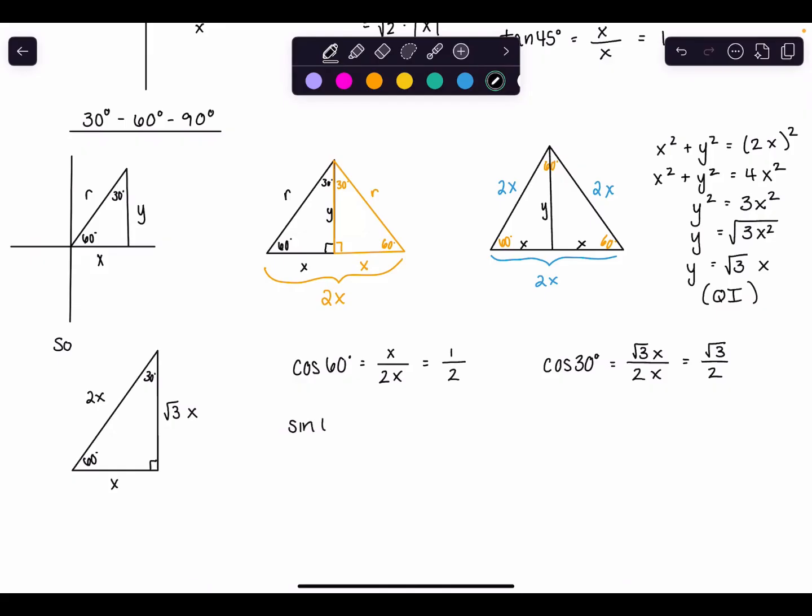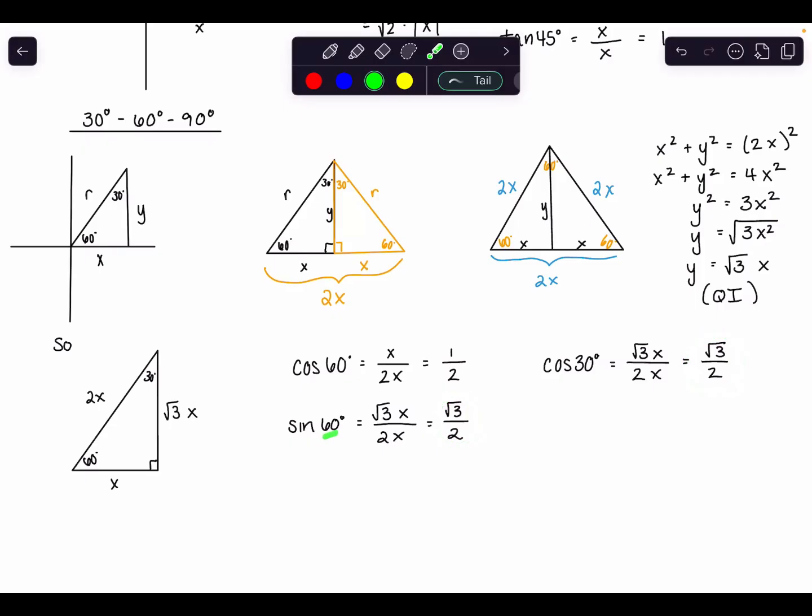If I move on to sine of 60 degrees, 60 degrees is here, so I want opposite over hypotenuse. That gives me root 3x over 2x. So those end up canceling, and sine of 60 degrees is going to be root 3 over 2. So something to notice, sine of 60 is exactly the same thing as cosine of 30.